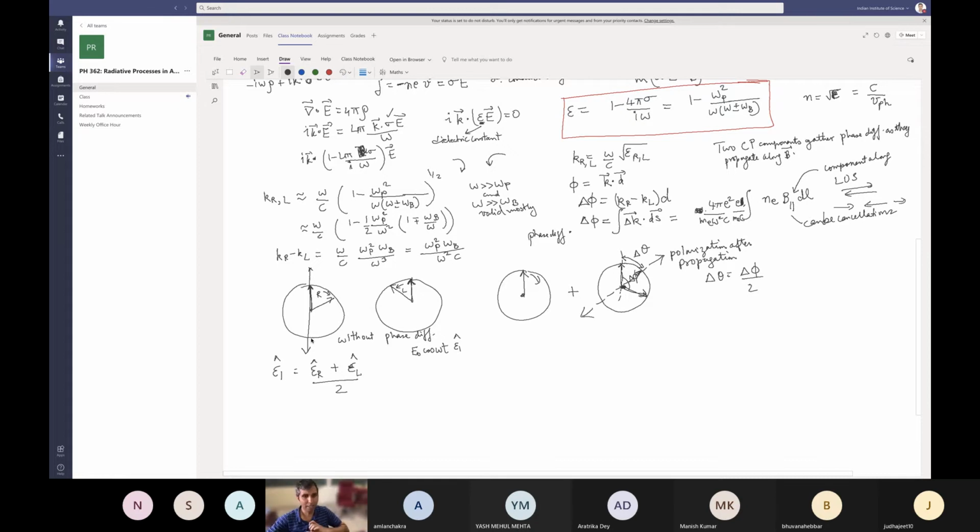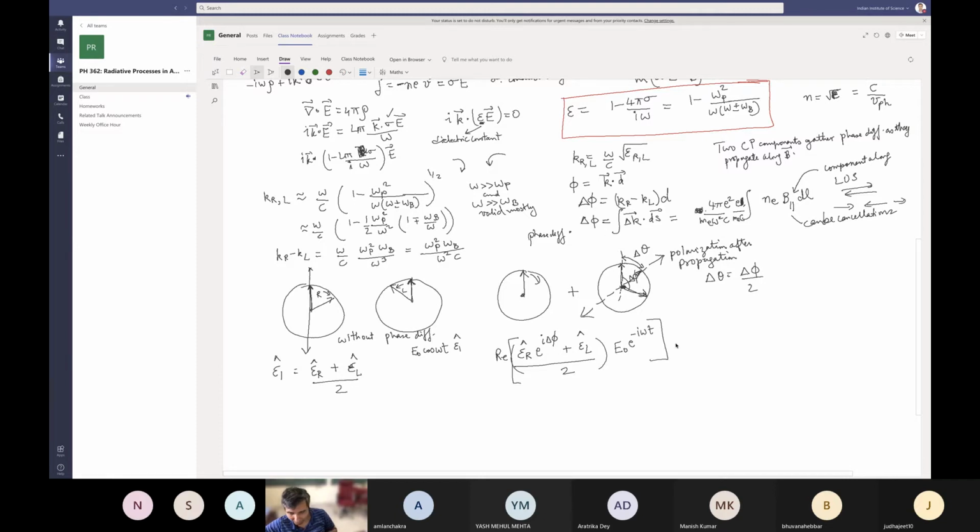So this is epsilon 1 hat. Right, so now when they propagate, this will become epsilon R plus e to the i delta phi, right, so you'll have this extra phase, and then you have epsilon L hat by 2, right? And you take a real part of this, and real part of this times E naught e to the minus i omega t.